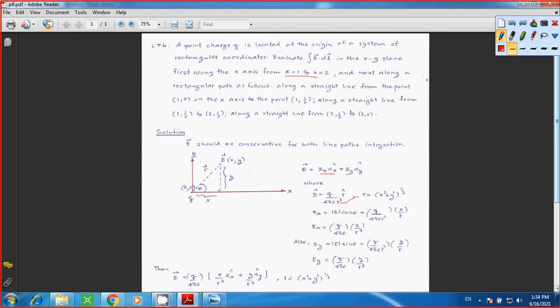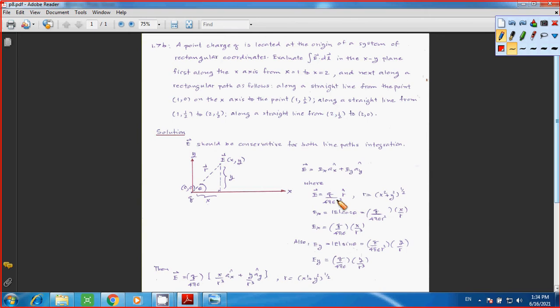Also your r you can find from the triangle here. The magnitude r is going to be the square root of x squared plus y squared. For Ex, that's going to be E cosine theta, along the x-axis, and for Ey, that's going to be E sine theta.